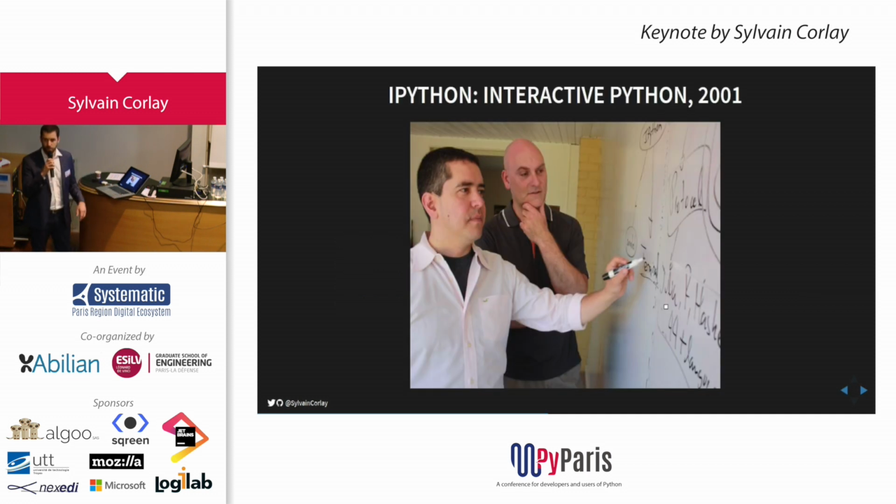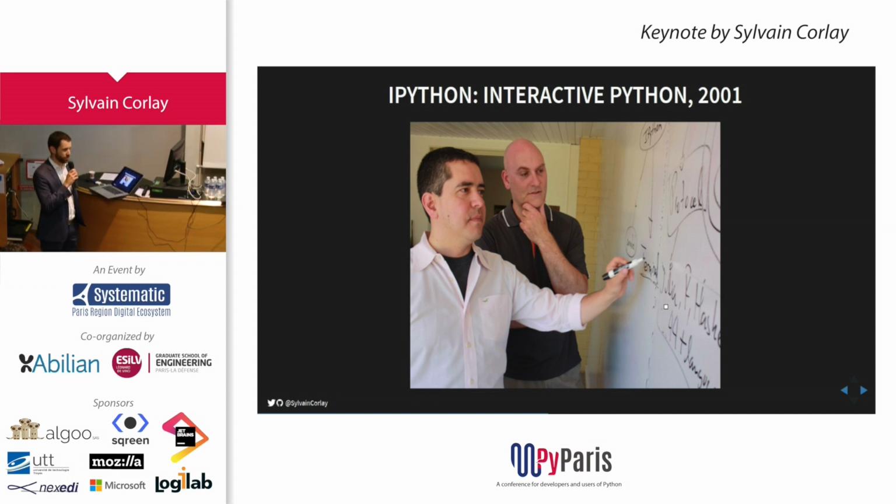So it all started back in 2001 when Fernando Perez was procrastinating on his PhD thesis and wanted to start one afternoon hack to make Python better for scientific computing and improve the shell so that he could use bash commands and do some interactive data visualization with the Python shell.